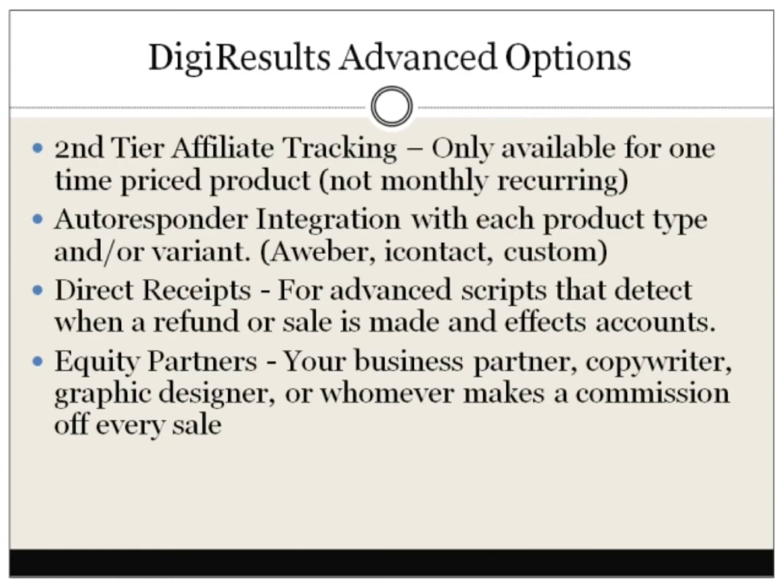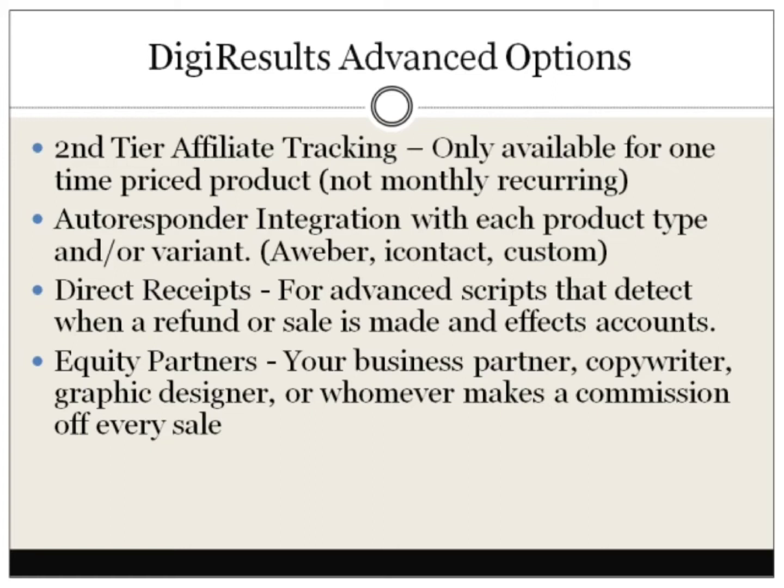Basically, if you have a business partner and you're splitting it 50-50, let's say a $20 sale is made. If your affiliate has made the sale and they get 50%, then you split the $20 into $10.